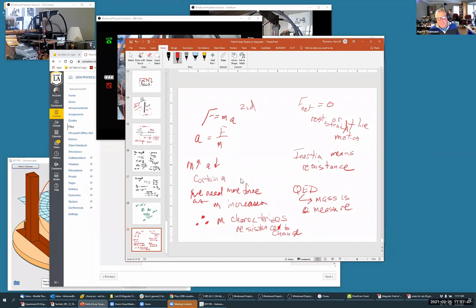The mass is the measure of an object's inertia. We tend to think of it as weight, but it's not. Mass is not weight. And this is probably the first time that you've been given a way to wrap your head around it. Mass is an object's resistance to change.